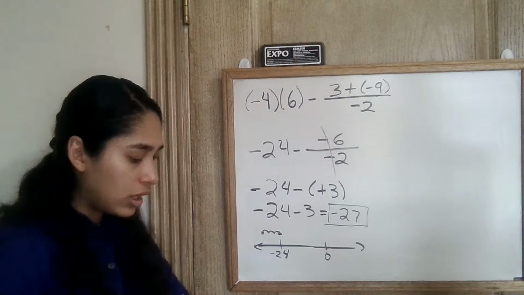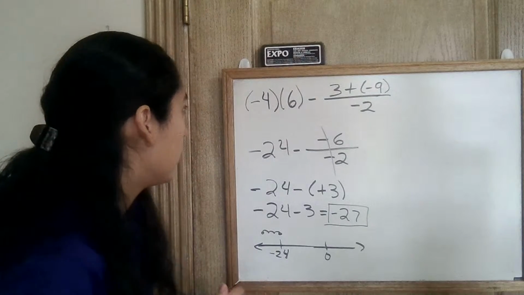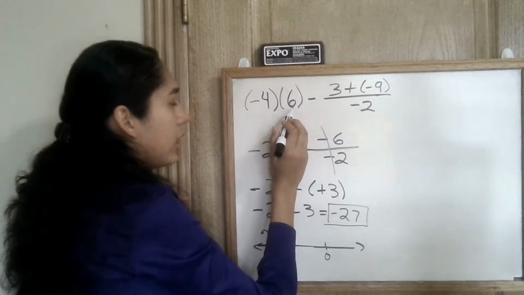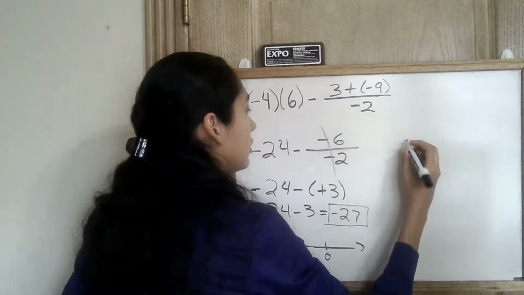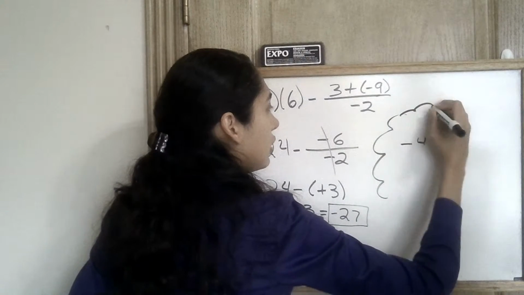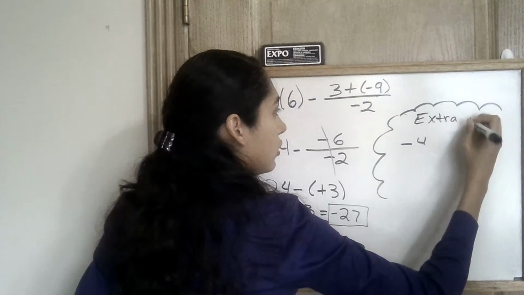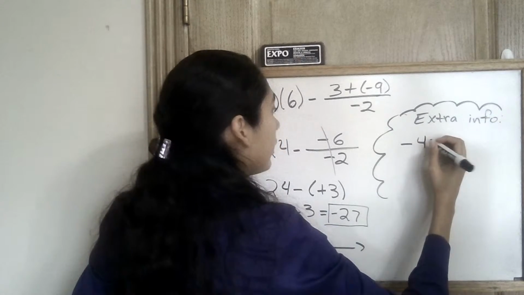Something else I want to point out is this. I could have written the -4 and the times 6 like this. Just extra info, in case any of you are skipping back later.